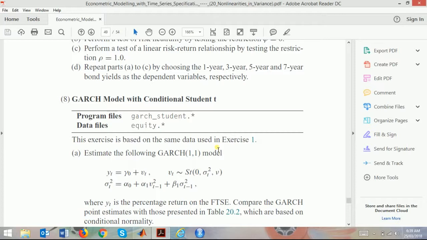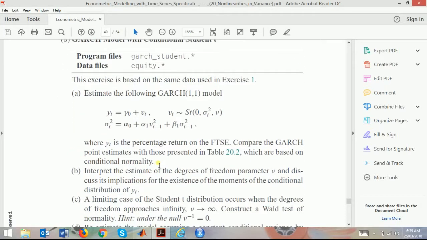Now this data is based on the same data we have used before. We're gonna follow this GARCH 1.1 model, and we have to understand why we are doing this problem, but we'll look into the theory part very quickly. Here, y is the percentage return on FTSE.